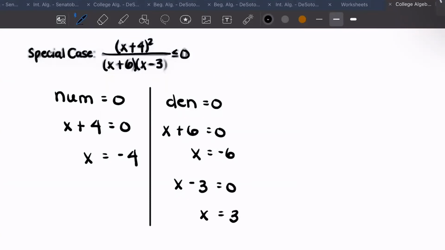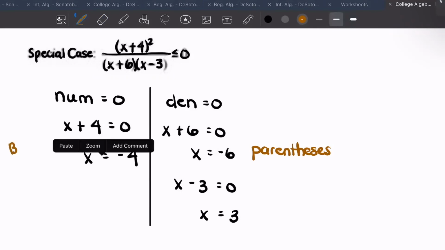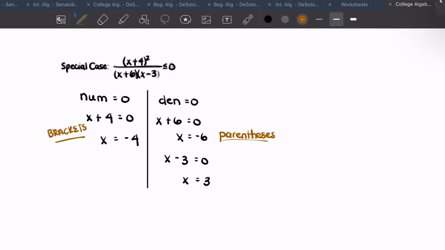Okay. So we can just go ahead and say parentheses. And we can say brackets. Okay. Let's put them on a number line. All right.